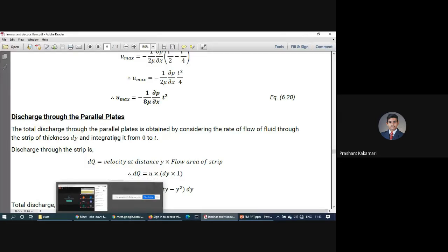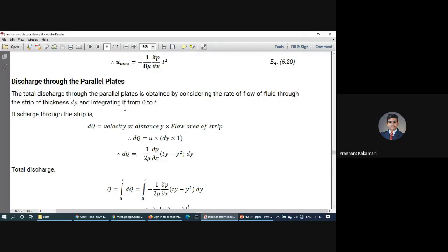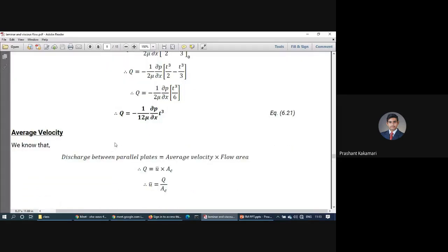Next, using this maximum velocity and the average velocity, we can find the ratio of U max and average velocity, that also can be done. And the discharge equation they found is minus 1 by 12 mu dou P by dou X into T cube. Please note down all these equations which are useful for our problems.